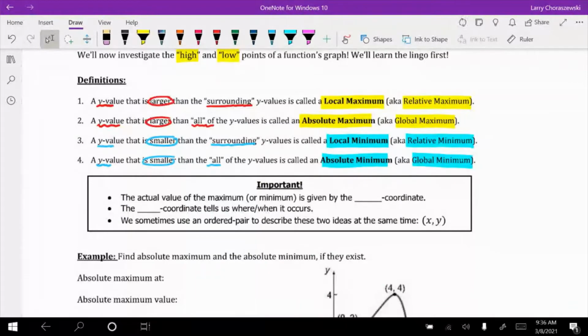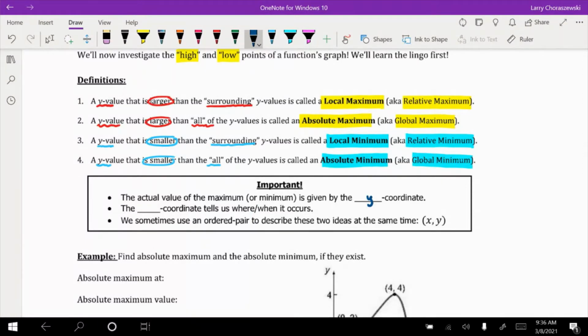Now, when we are analyzing a graph for these points, and you get a problem asking you for what the maximum or what the minimum is, you're always going to report the value of the y-coordinate. Sometimes, though, they'll also ask you when or where this maximum value occurs.